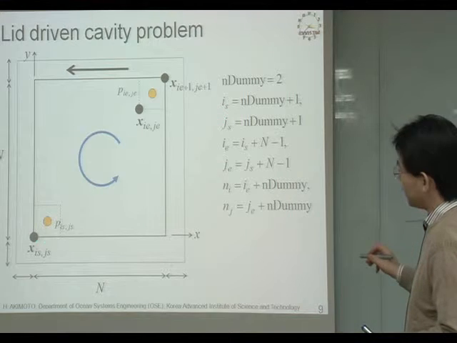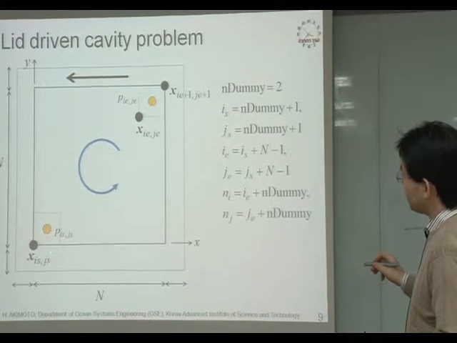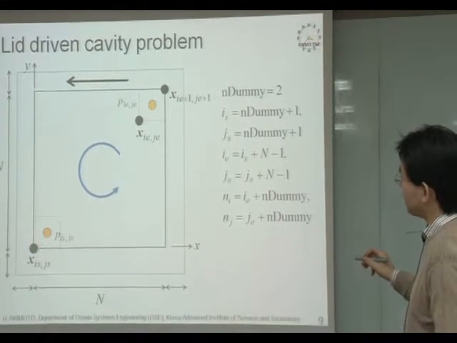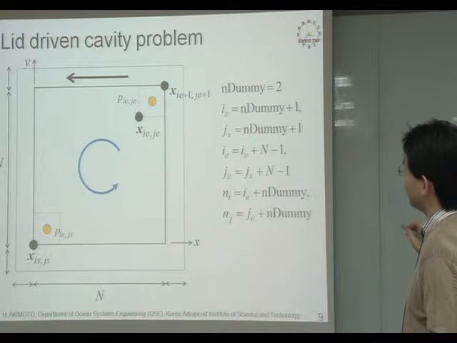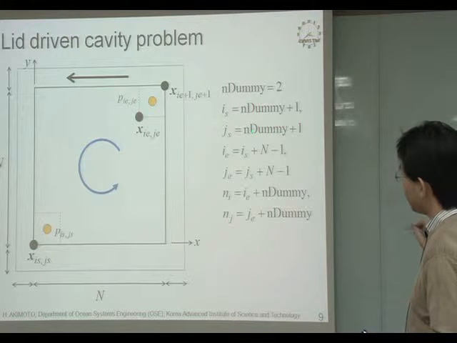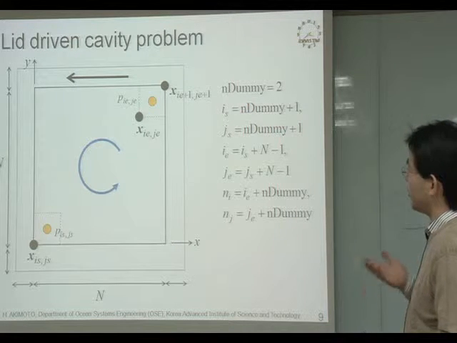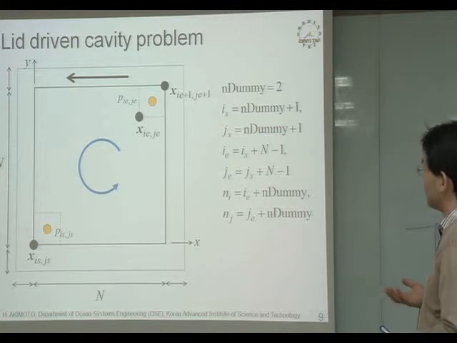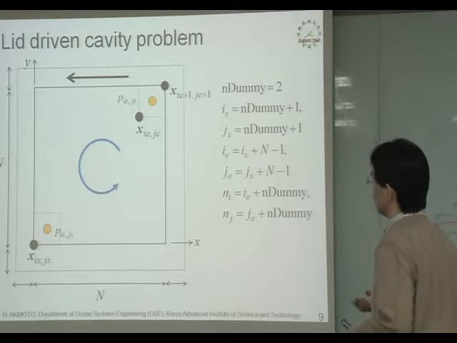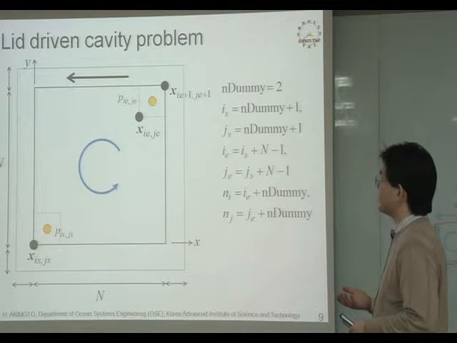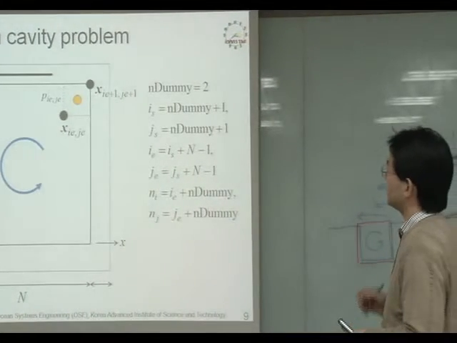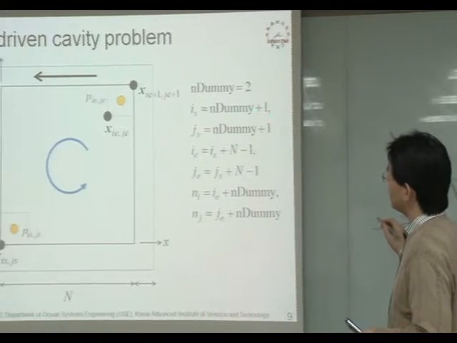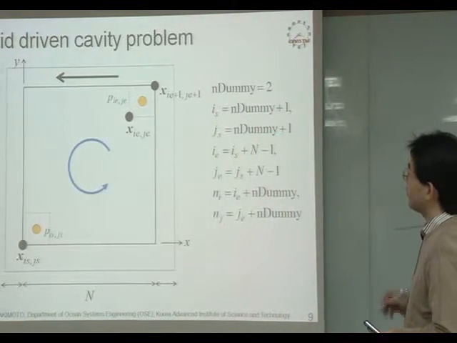So the starting point is n dummy plus 1. This writing depends on the programming language. If it is C++ or Java, the array starts from index 0, so plus 1 will not be required.